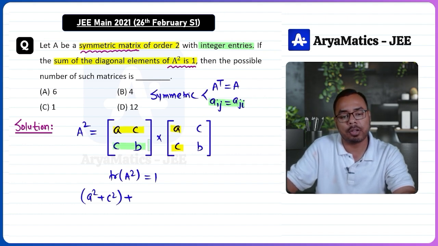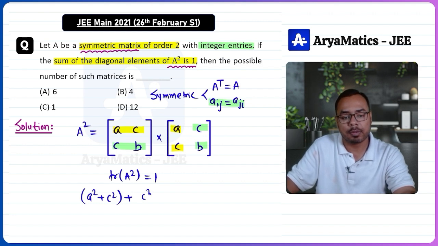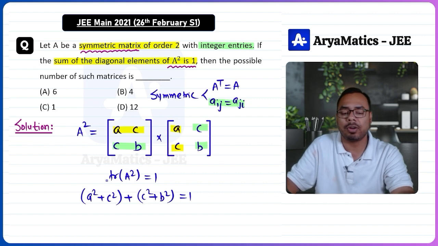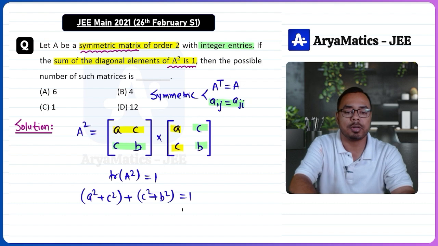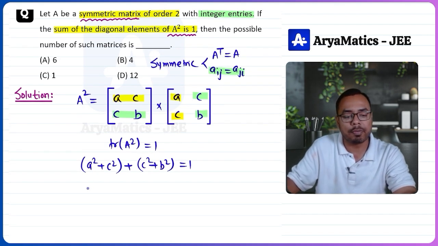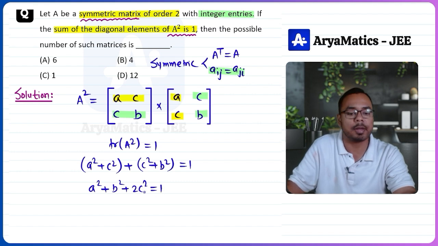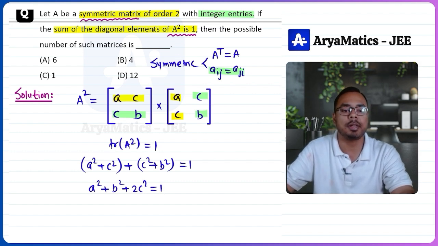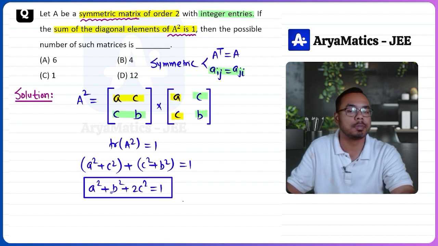And similarly, element of second row, second column will be c square plus b square, right? And this has to be 1. We are not calculating the element of first row, second column or second row, first column, because trace means sum of diagonal elements only. Now from here we are getting a square plus b square plus 2c square must be 1.